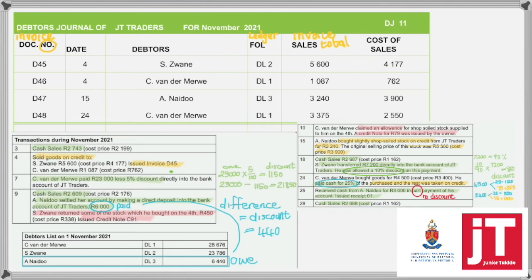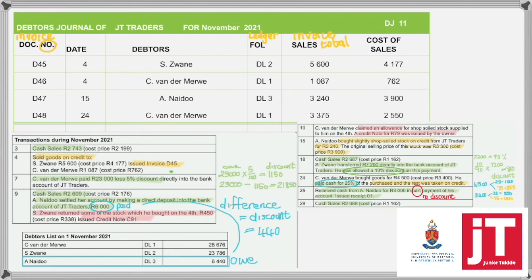Van der Merwe, then 1,087 rand, and the cost of sales given to us there 762. Then on day 15 to your right, Naidu bought slightly shop spoiled stock on credit for 3,240.